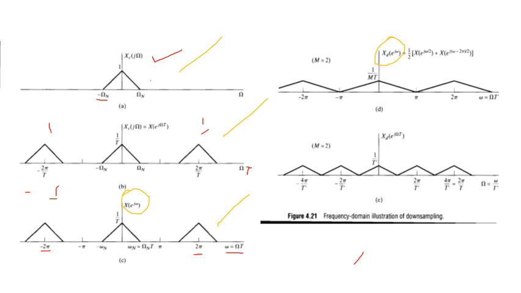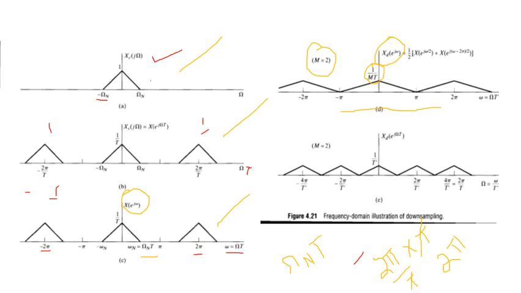The height of this will become 1/MT, and you see these are stretched up. So this point, omega_N T, we know that omega is equal to 2π/T times T. This becomes 2π.